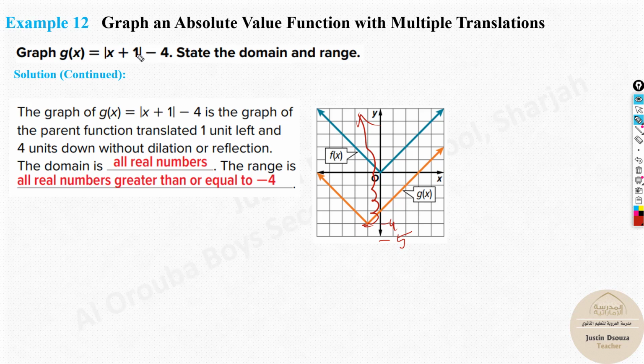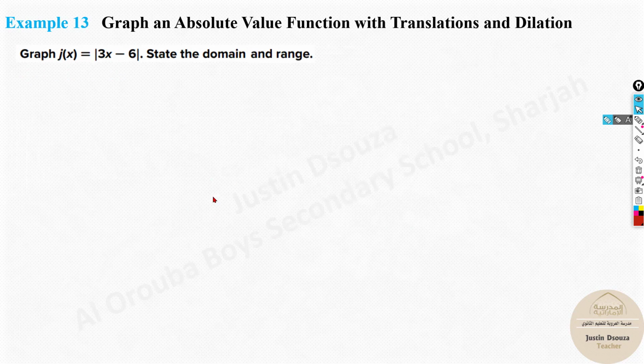You can put until infinity, but you will never get minus 5. That is why this graph easily tells you the range. It's all real numbers greater than or equal to minus 4. You might get minus 4, but you will not get anything less than that. At minus 1, if you put minus 1 here, you will get minus 4, but you'll never get minus 5, and so on.